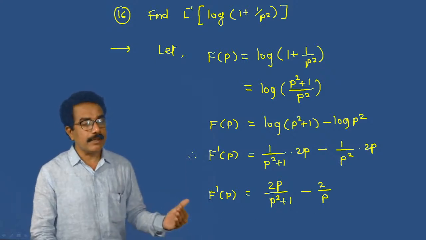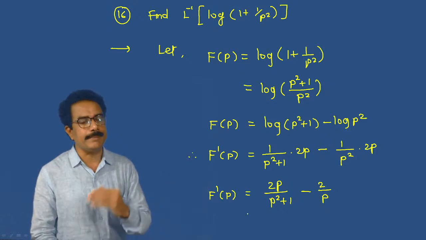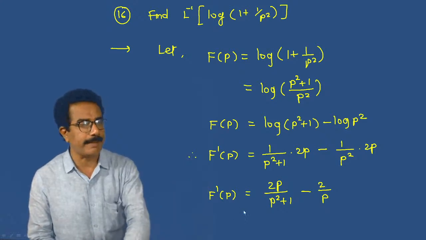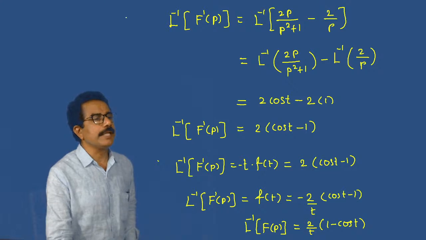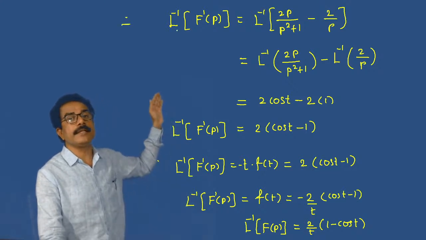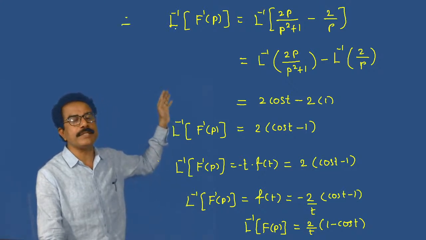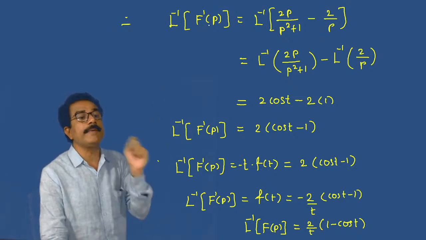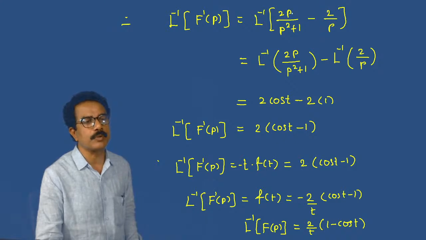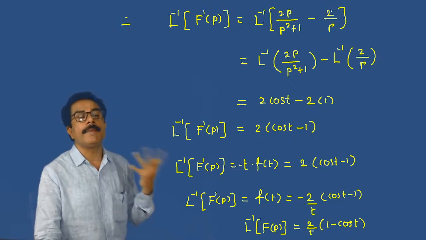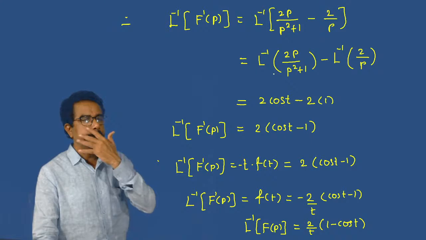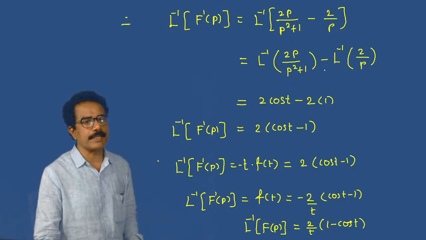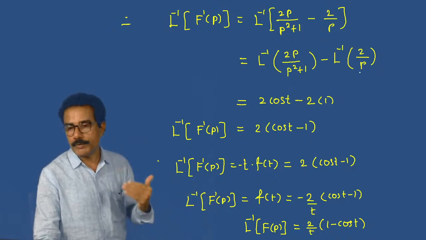Now taking L inverse on both sides, by applying the inverse Laplace transformation on both sides, L inverse of F dash of p is equal to L inverse of 2p divided by p square plus 1 minus 2 divided by p. Separate this: L inverse of 2p divided by p square plus 1 minus L inverse of 2 divided by p.